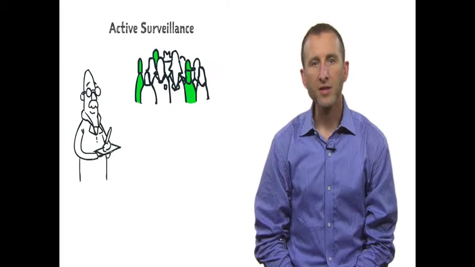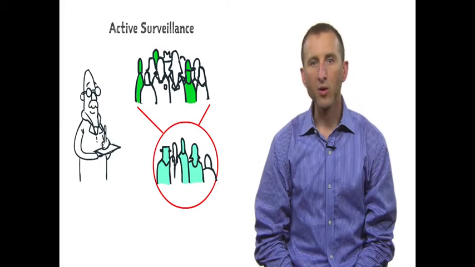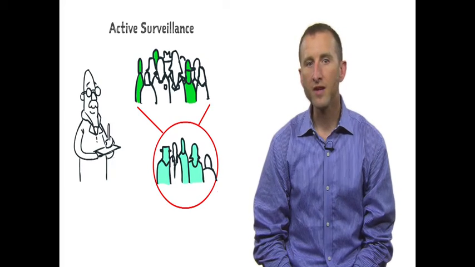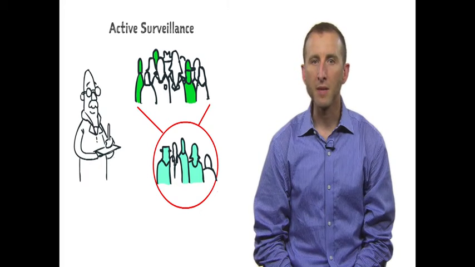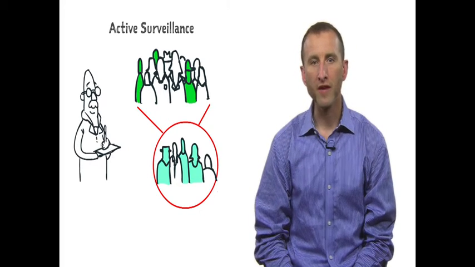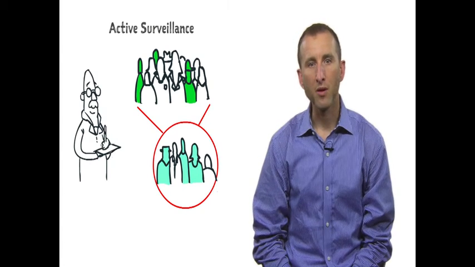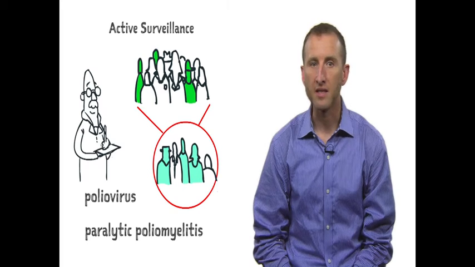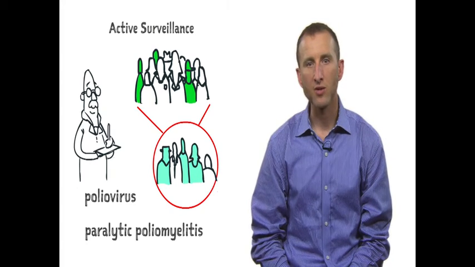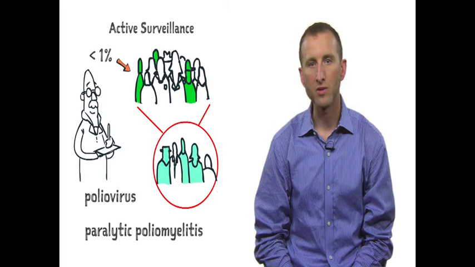Third, active surveillance can be used to quantify infection directly by enrolling individuals in the sample even if they are not expressing the symptoms of disease. This may be particularly important for infections that cause disease only rarely. For example, poliovirus causes paralytic poliomyelitis, the paralytic disease of the central nervous system, in less than 1% of infected individuals.